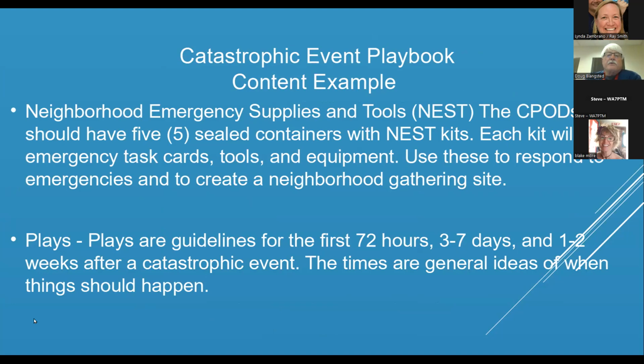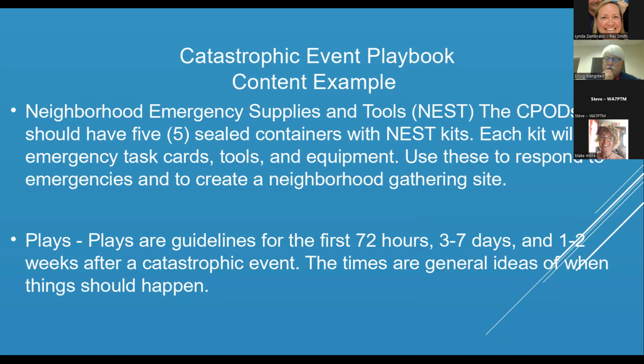Contents: neighborhood emergency supplies and tools, nest kits. CPODs will have 5 sealed containers with the nest kits. What you'll find in there, for example, is emergency task cards. Some of those are definitely geared towards the public, simplified so that they can take them and start doing something effectively.